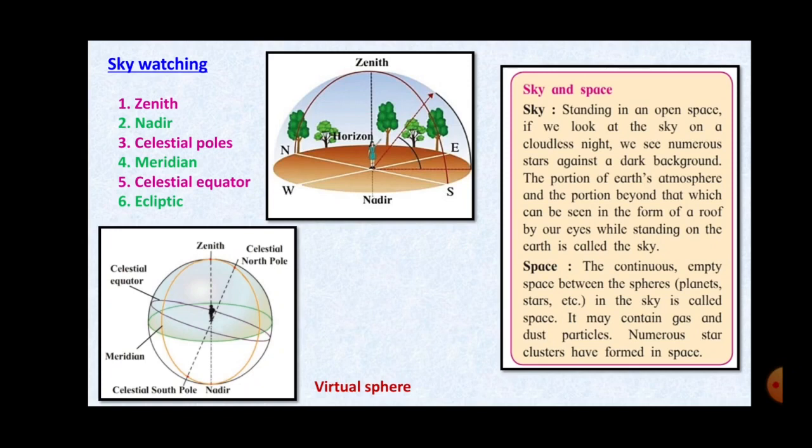We feel that the sky is the roof of the earth, right? So, the roof is called as the sky. What is space? Space is the empty place between the planets, stars in the sky is called as space, and it contains gas and dust particles, and the numerous stars also, they form clusters in the space.